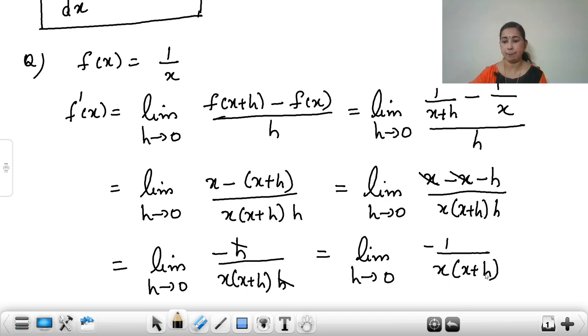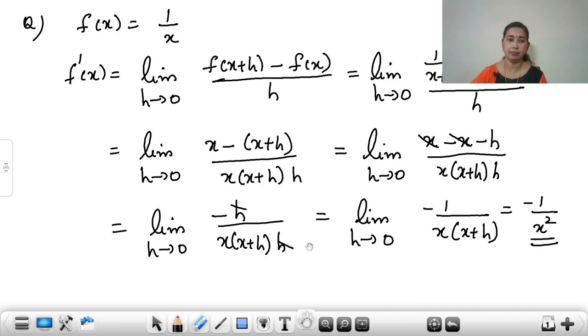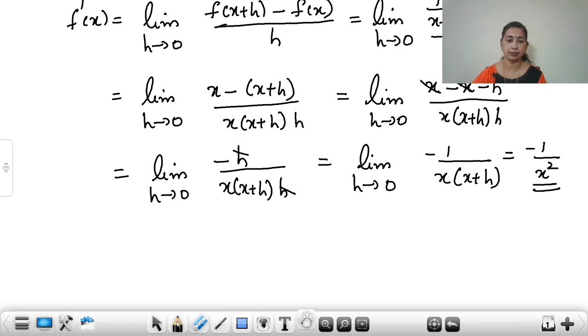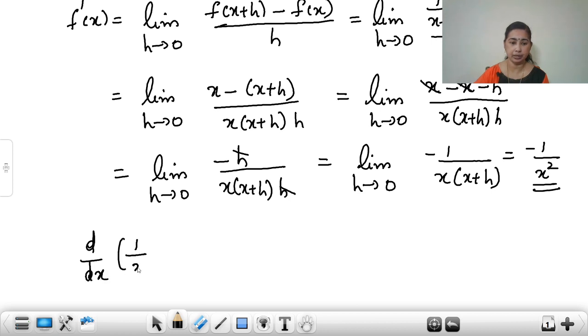Here again we can apply the limit, giving h as 0. So minus 1 by x into x is -1/x². So what we got? The derivative of 1/x is equal to -1/x², that is d/dx of 1/x is equal to -1/x².